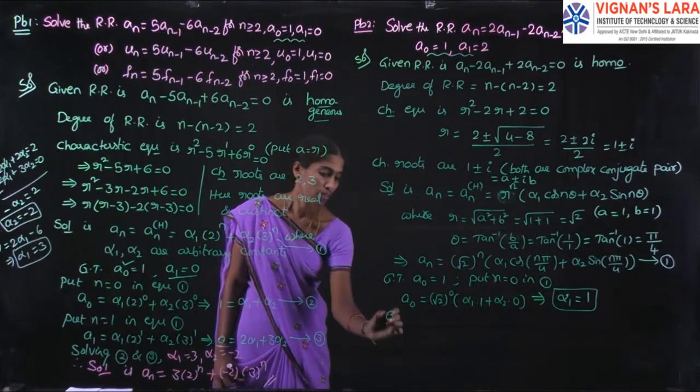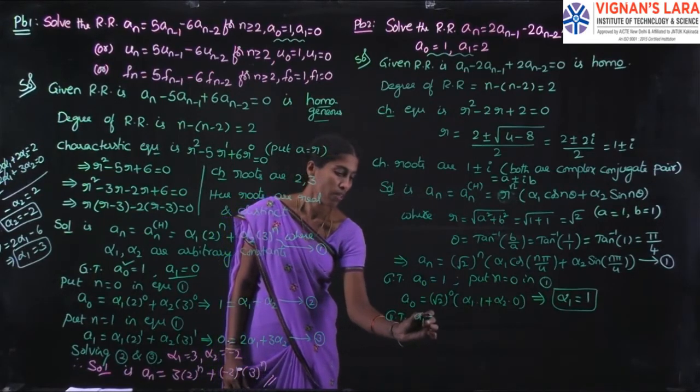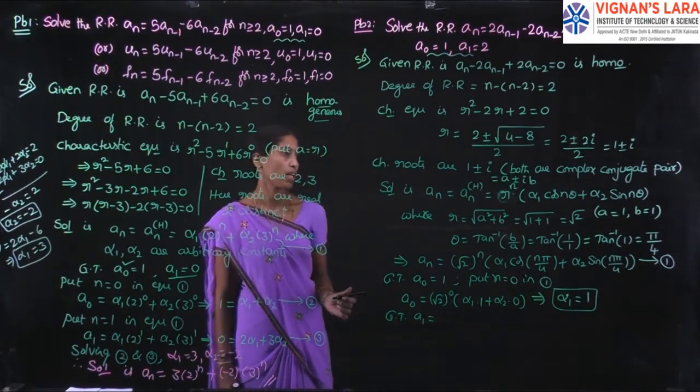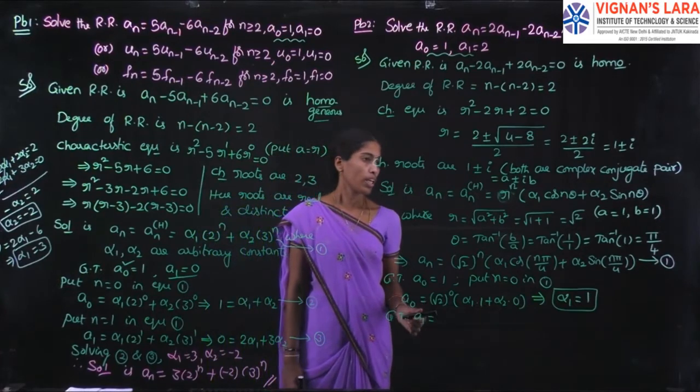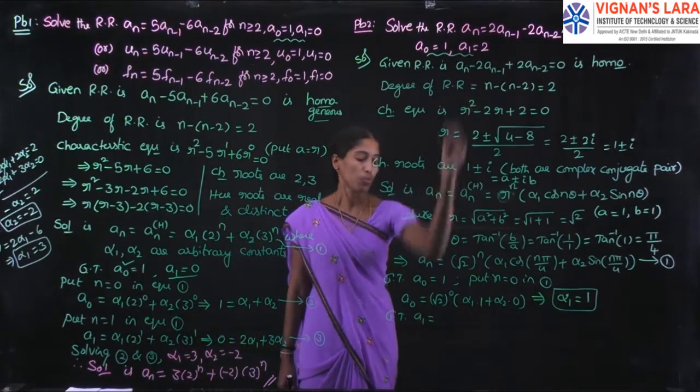Next, given that a1 equal to, what is the a1 value? a1 value is 2.